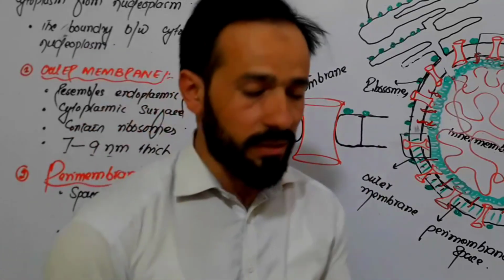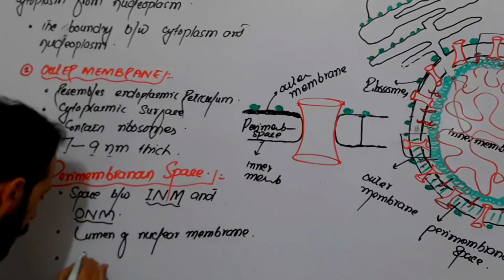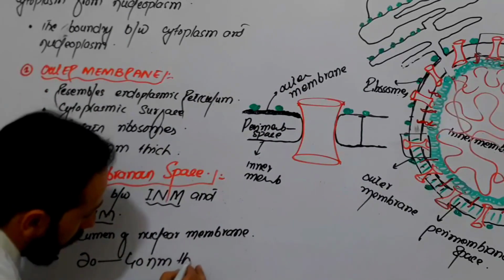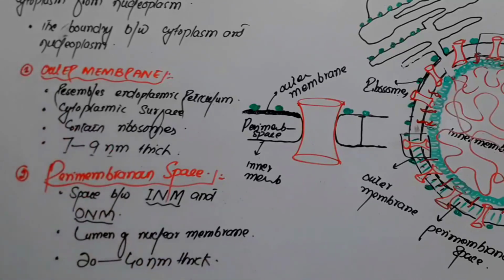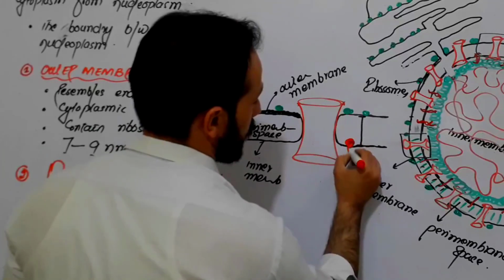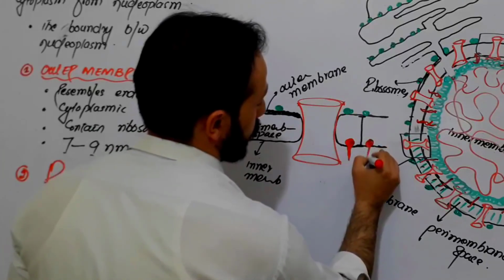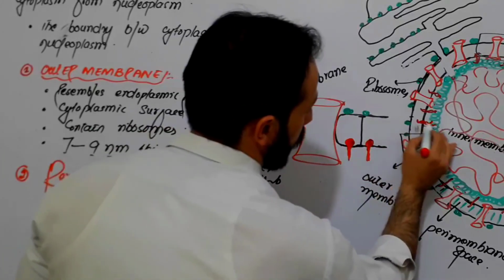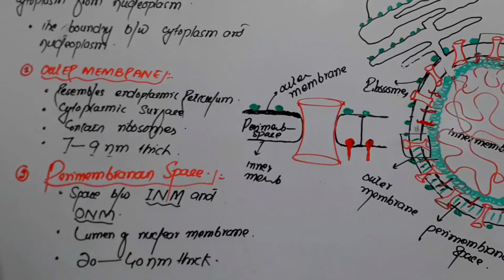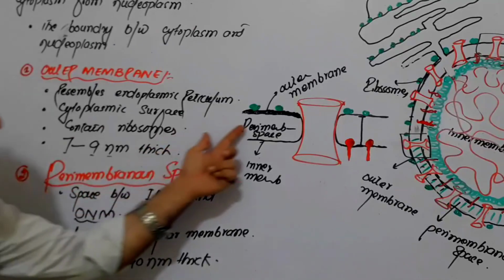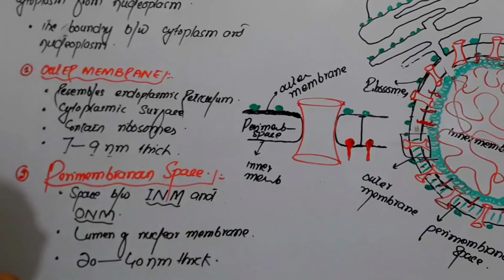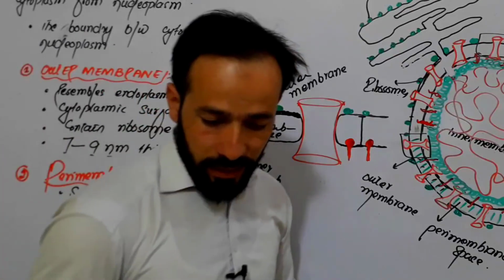Its thickness is about 20 to 40 nanometer thick, and it has certain proteins attached to it, and these proteins have certain attachments to the inside of the nucleus with the nuclear lamina. So this is called the perimembranous space. Done. Then we move towards the inner nuclear membrane.